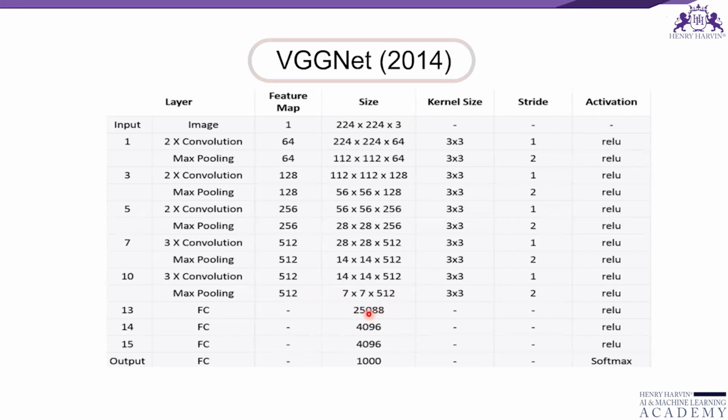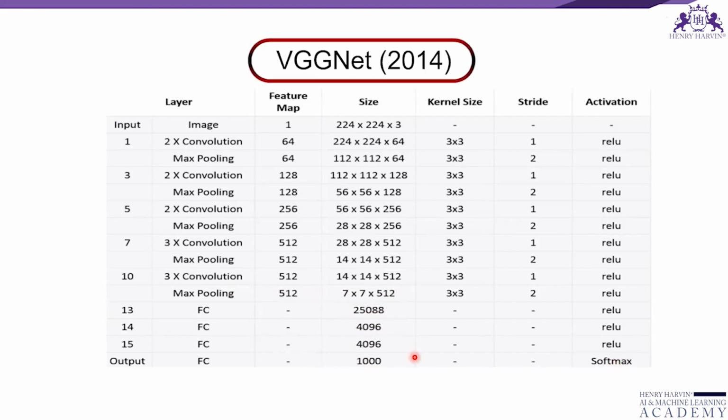Then the fully connected layer is connected to 4096 neurons, and then another 4096 neurons, and the output is limited to 1000 classes. The activation function used in the output is softmax. We all know that softmax is used in the output layer when we have multiple outputs.